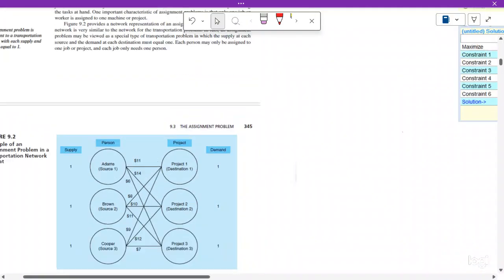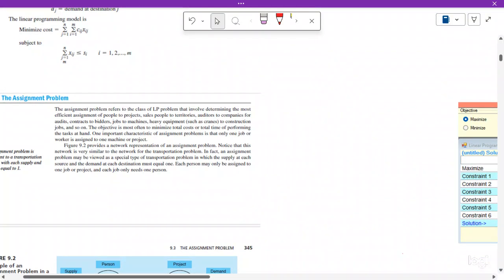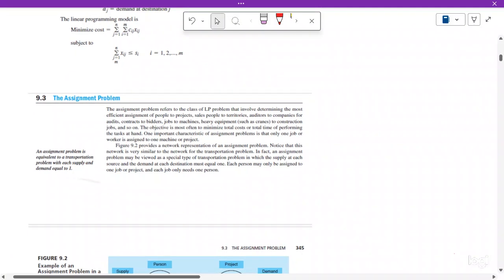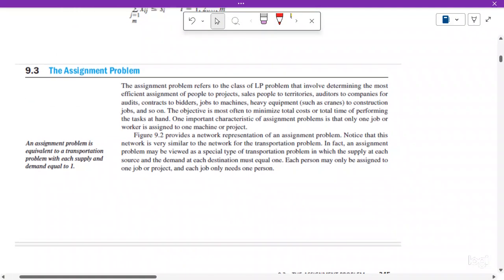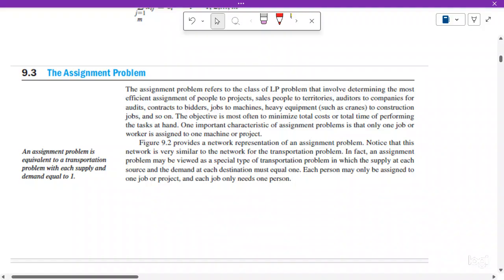So now we are going to the assignment problem. Remember, you won't be required to solve this. You are just expected to give me the constraints.